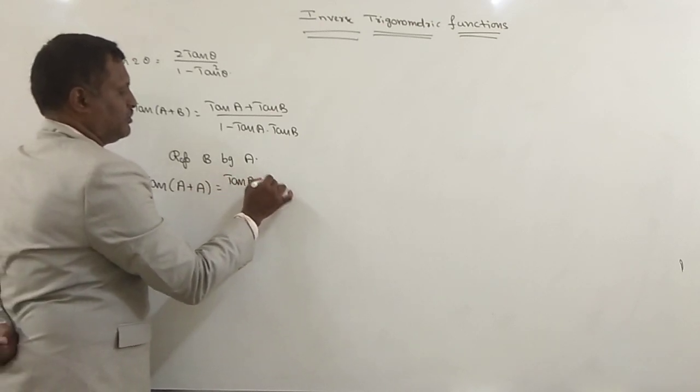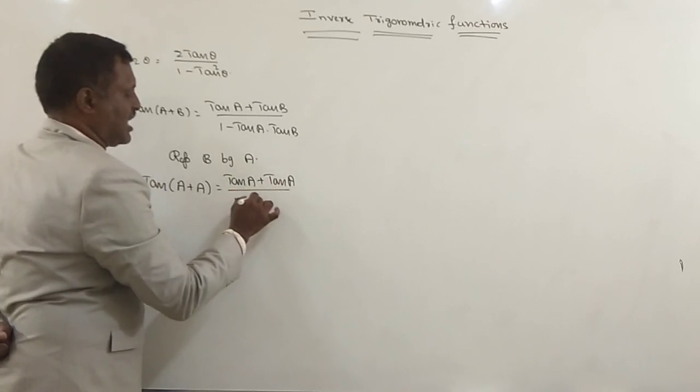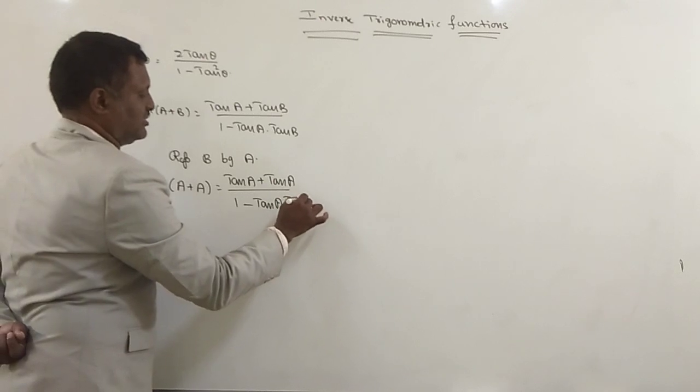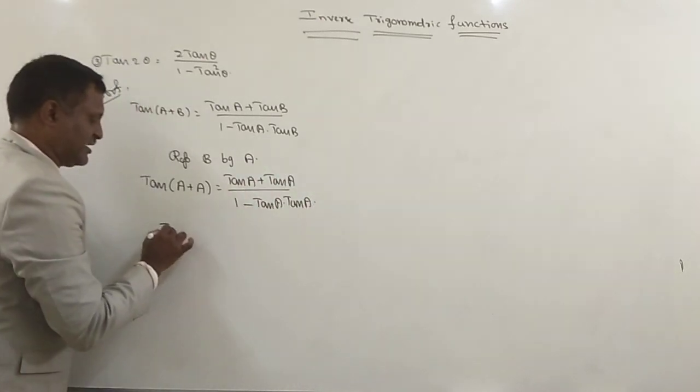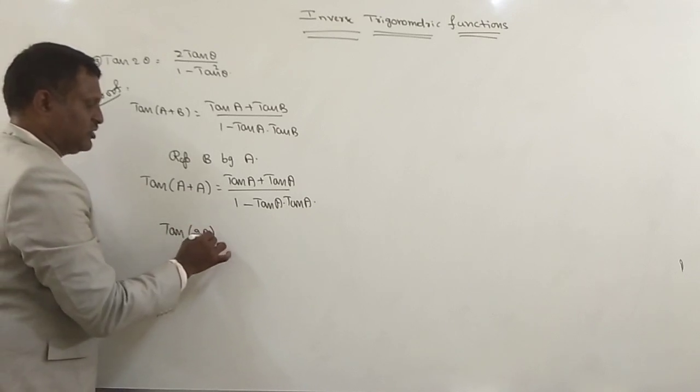So this is equal to tan A plus tan A divided by 1 minus tan A into tan A. Tan of A plus A gives 2A, so tan 2A.